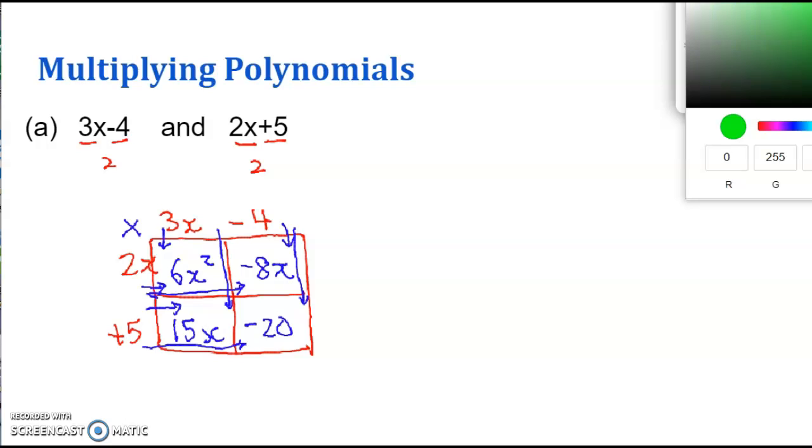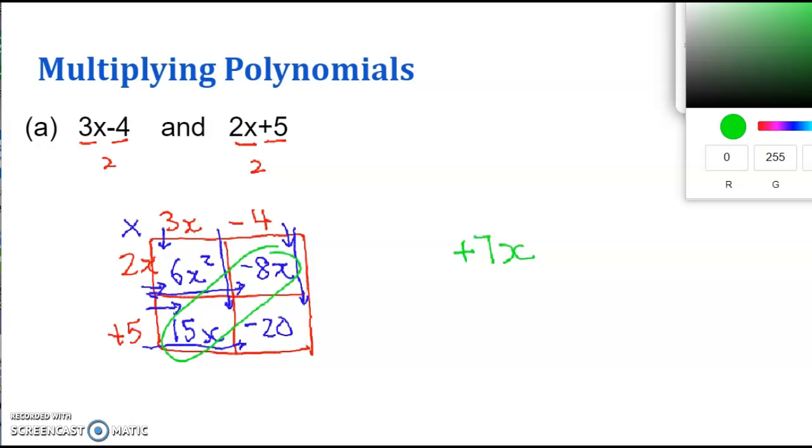Now we need to combine like terms. If they exist, they occur on a diagonal, because negative 8x and 15x are both x terms and are like terms. Negative 8 plus 15 is positive 7, so positive 7x, because we're dealing with the number of x's.